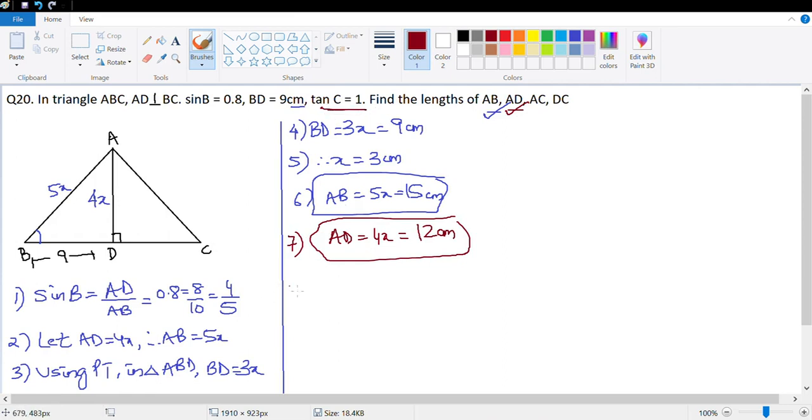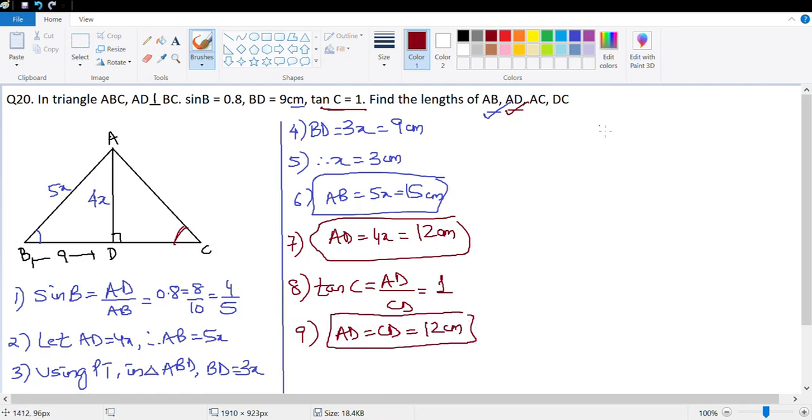So I think we'll need to apply tan C now. So I am now looking at this reference angle. Tan C would be equal to perpendicular, which is AD upon base, which is CD, and this is given equal to 1. What it means is AD is equal to CD is equal to 12 centimeter. So CD is done, 12 centimeter.